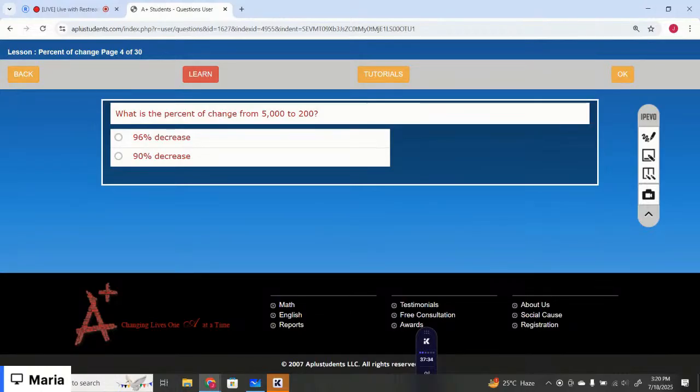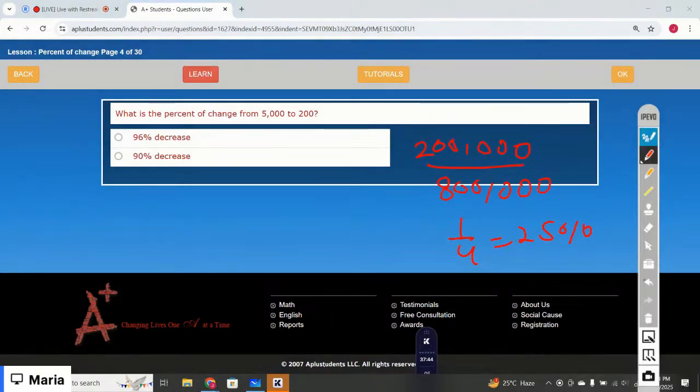What is the percentage change from 5,000 to 200? So 5,000 to 200, the amount of change is 4,800 divided by 5,000. So let's just divide: 4,800 divided by 5,000 is 0.96. So that equals 96%.